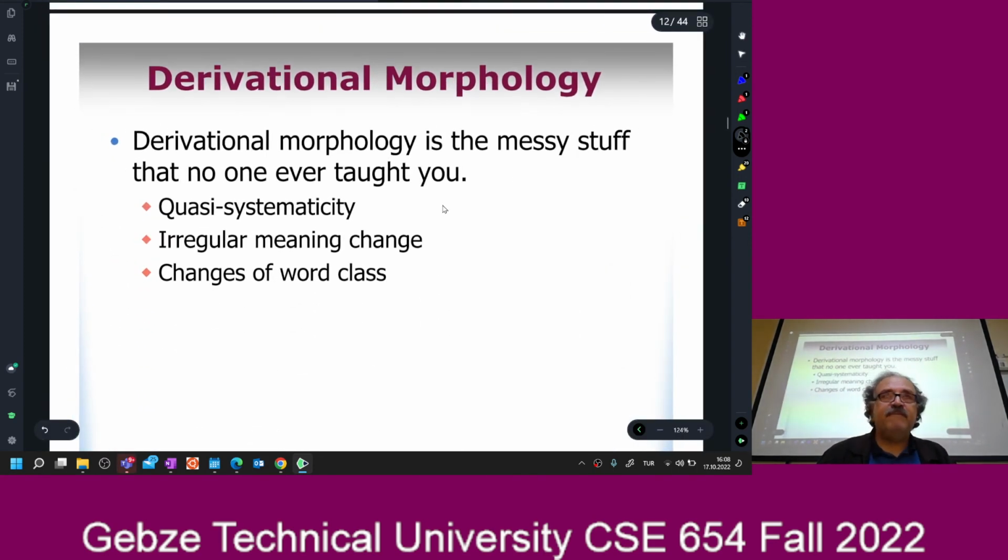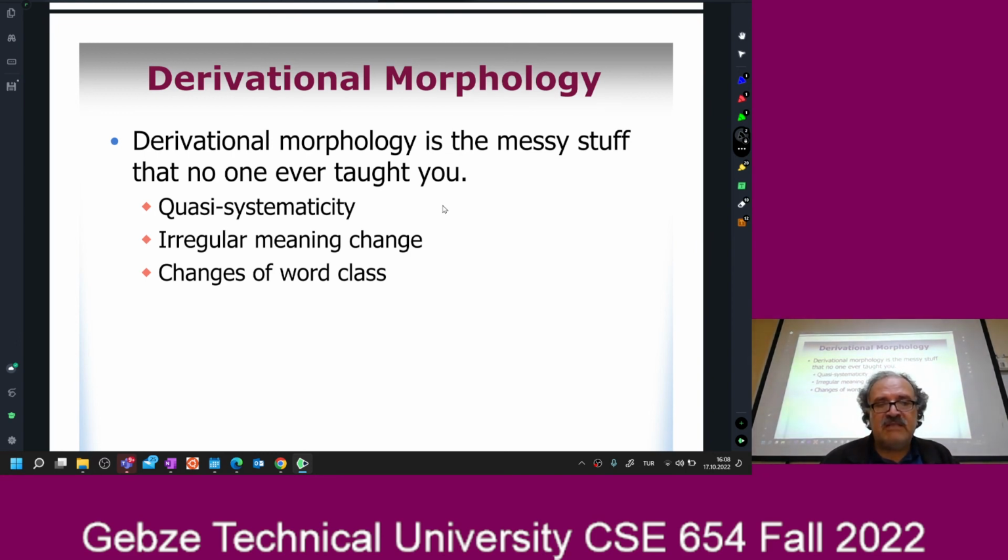Derivational morphology. In English, it is more difficult than the inflectional morphology. Why? Because remember, the derivational morphology changes the main meaning of the root word. Okay, it is not the same word anymore.